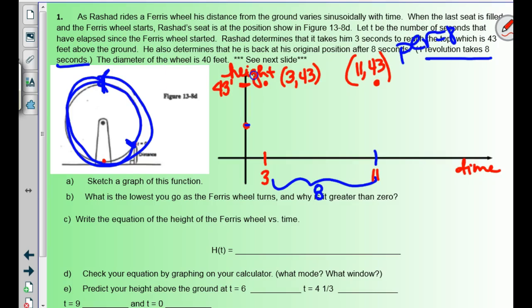All right, the diameter of the Ferris wheel is 40 feet. Now we need to be real careful with that information. Is that the amplitude? Okay, if all the way across is 40 feet, and the maximum he ever went was 43, how far was he at his lowest above the ground? 3, okay.